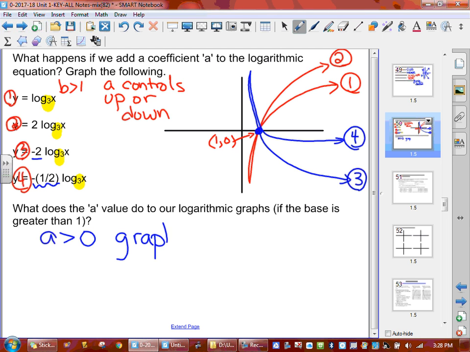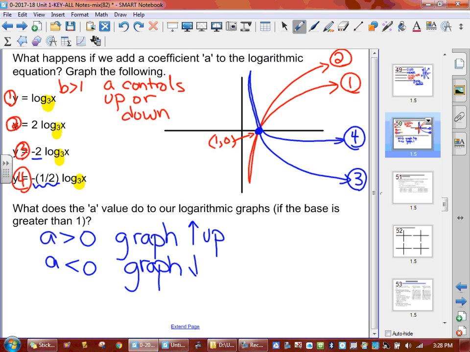Okay? Now, the digit in front also tells you how far away from the x-axis they are. The larger the digit, the farther away from the x-axis, which is why the negative 0.5 is much closer to the x-axis than the negative 2. Because negative 0.5 is closer to 0.